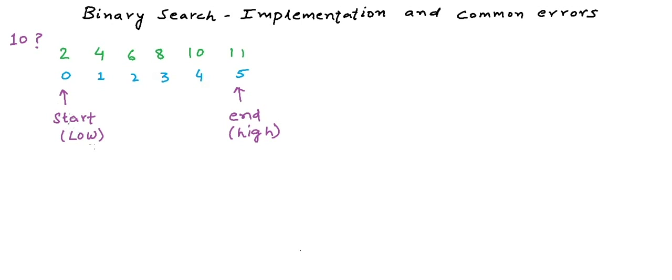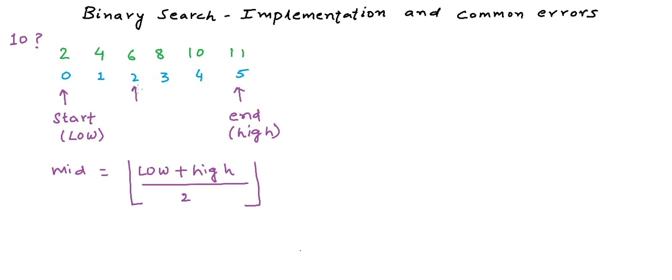So that's why start and end are pointing to the first and the last element. Now we calculate the middle point using the equation middle is equal to low plus high upon 2, or start plus end upon 2, and we take only the integral part. So here 5 plus 0 upon 2 would be 2.5, and taking the integral part will give us this index 2 as the middle index.